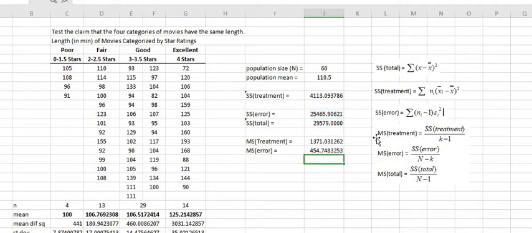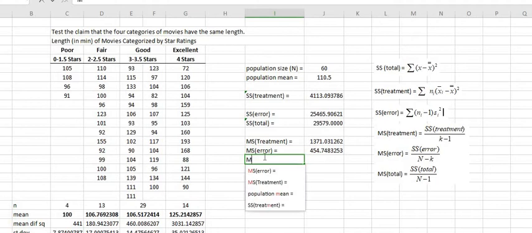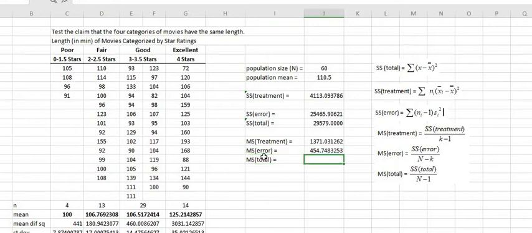So that our MS total, we need to have our MS total, which is equivalent to SS total over N minus 1 equals SS total, we have this value divided by N, that is 60 minus 1. 60, open parenthesis, 60 minus 1.